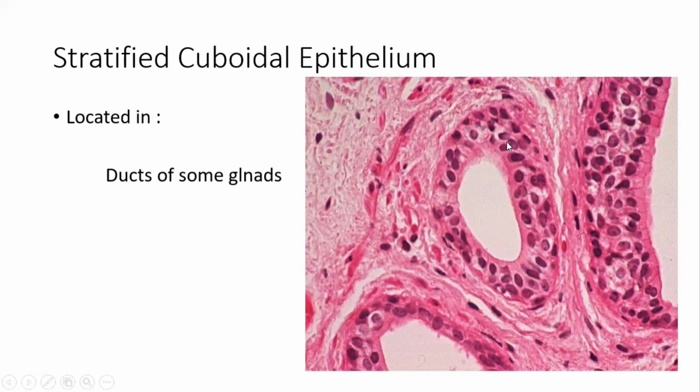If the shape of the nuclei is round, circular, these are cuboidal. If it's horizontal, that's squamous, and if it's vertical, that's majorly columnar. So now we can see majorly these ones are cuboid, like circular, and there are many layers. It's not only one layer. So it's stratified cuboidal epithelium.